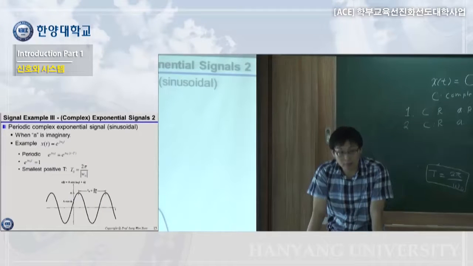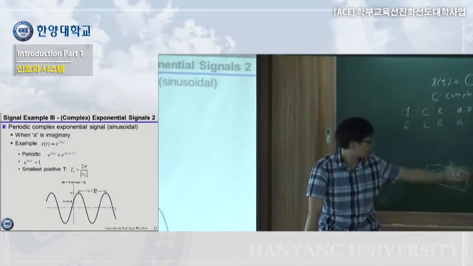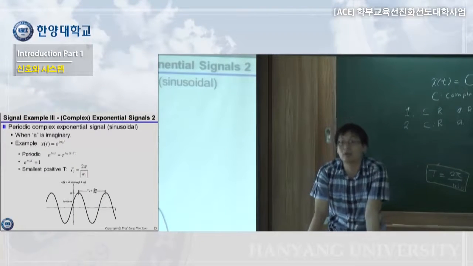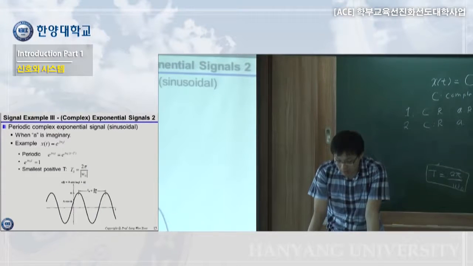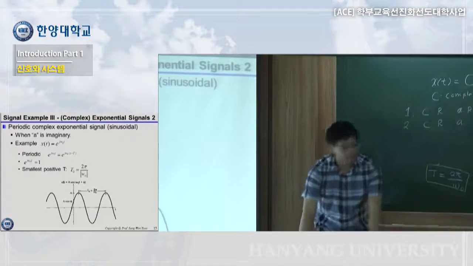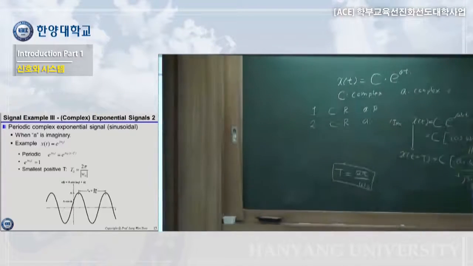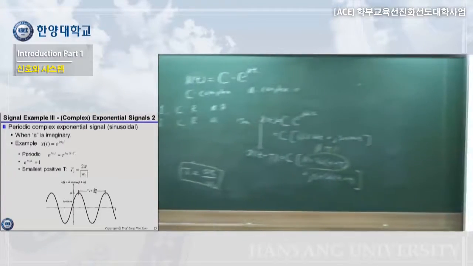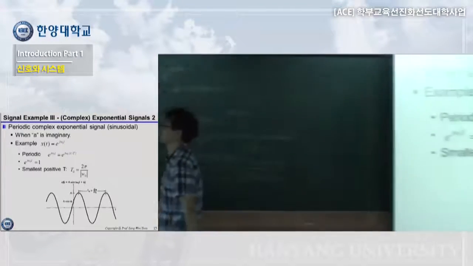They can be a sine wave, cosine, sine. They can be scaled by A, depending on the C. So they can be a sine wave like that, with a period of 2 pi divided by omega 0.